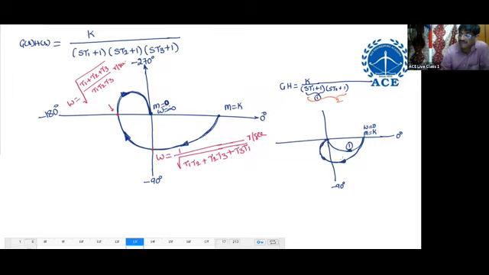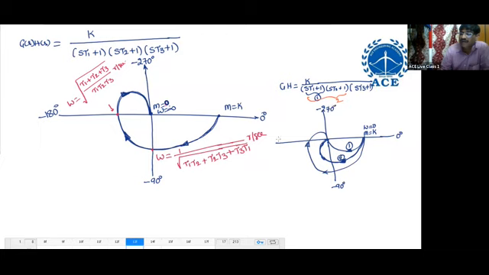This is for 2. So if I put one more finite pole, s tau 3 plus 1, it starts at the same place but ends at minus 270.